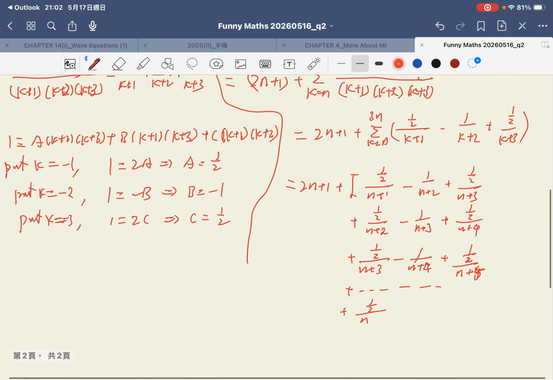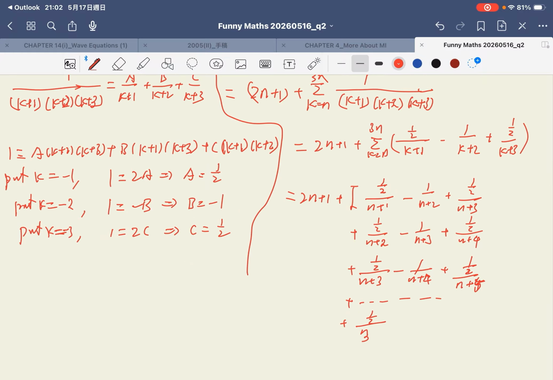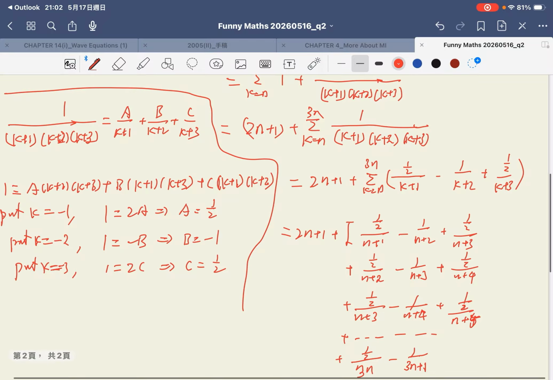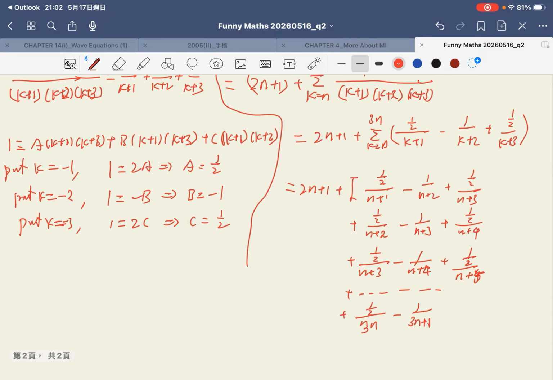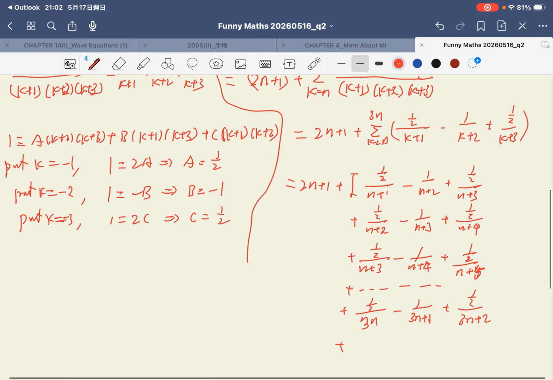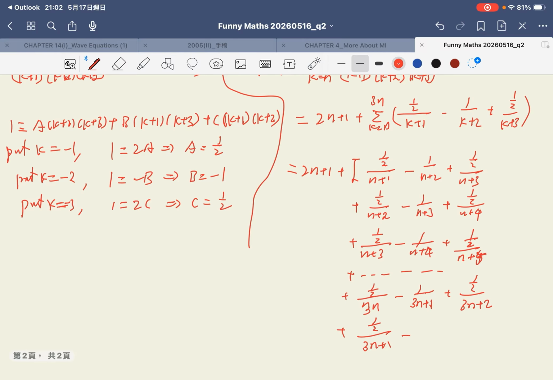The last rows are for k equal to 3n minus 1, giving 3n plus 1, 3n plus 2, and the last one is 1 over 2(3n+1), 3n plus 2, 3n plus 3.